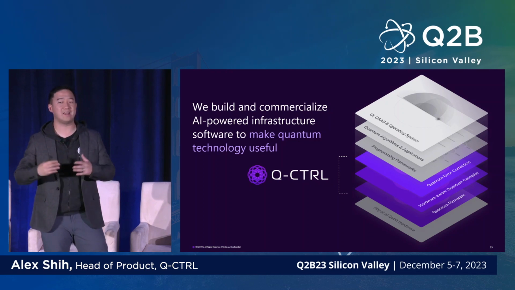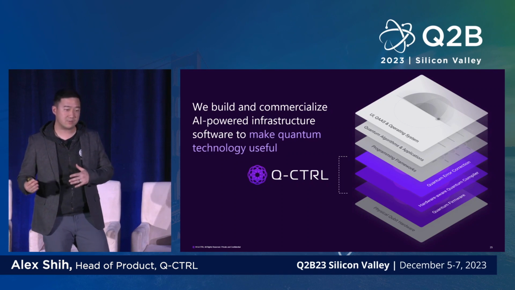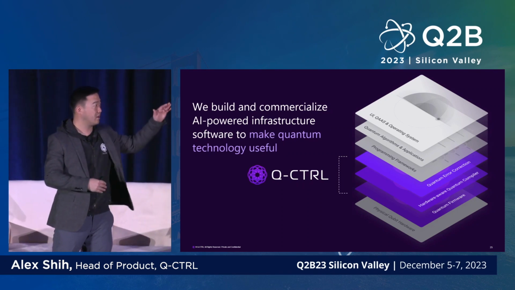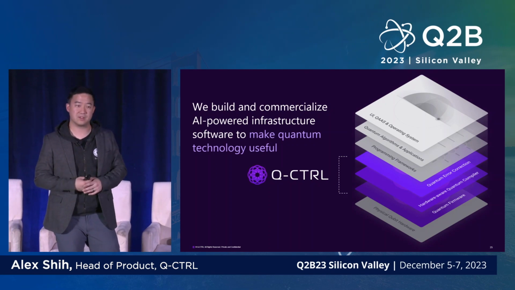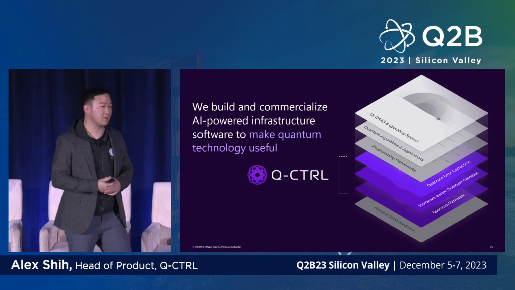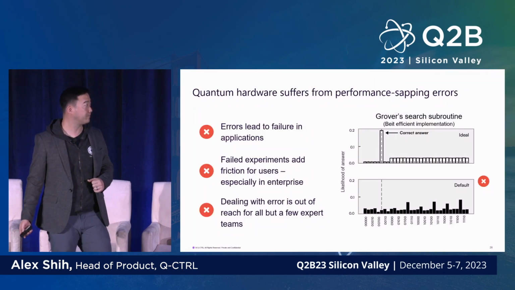However, we provide entry points and applications all the way up to the developer and algorithm level. So we allow our customers and users to access different points along the stack. But what we try to do is embed ourselves as close to the hardware as possible in order to boost the resiliency and overall performance of the hardware.